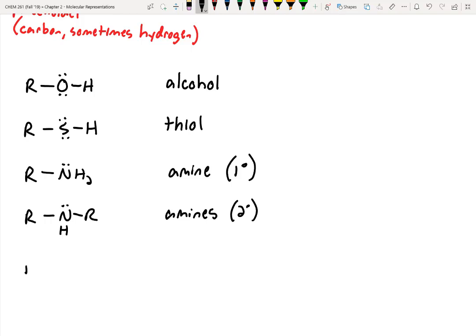You can keep on doing this, and you can have amines where you have three groups. This would be a tertiary amine. You can even have four on there, but what would that do to the nitrogen? Would it give it a charge? Yeah, it would give it a positive charge. So that would be a quaternary ammonium salt. So normally it's not called an amine anymore because now it's ionic.